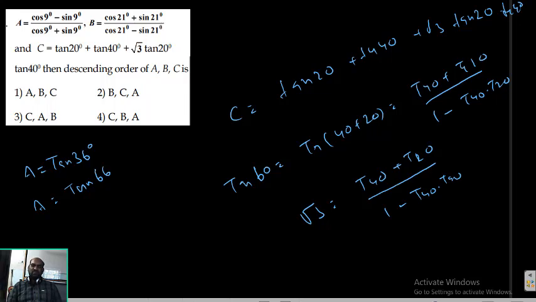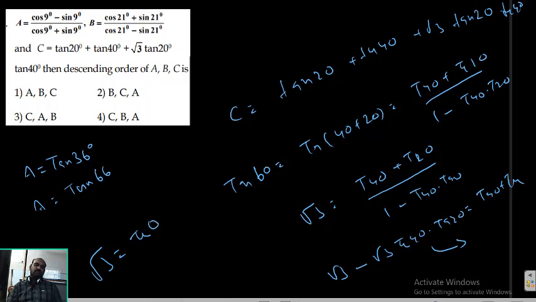Cross multiplication, root 3 minus root 3 into tan 40 into tan 20 equal to tan 40 plus tan 20. Transfer this side, what will we get? Root 3 equal to tan 40 plus tan 20 plus root 3 into tan 40 into tan 20. So this total value is root 3. C equal to root 3.